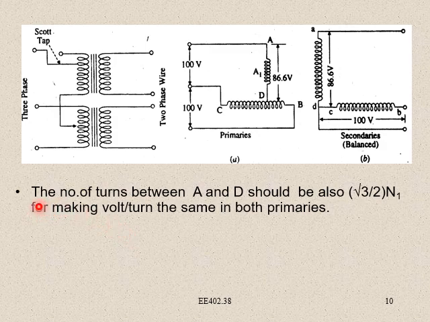The number of turns between capital A and D, over here in the primary, should also be root 3 by 2 into N1, for making volt per turn the same in both primaries.